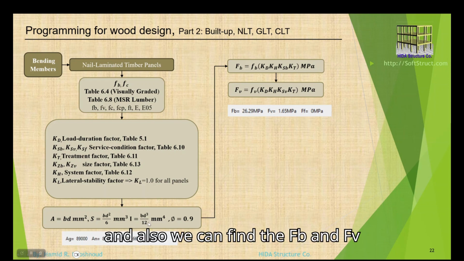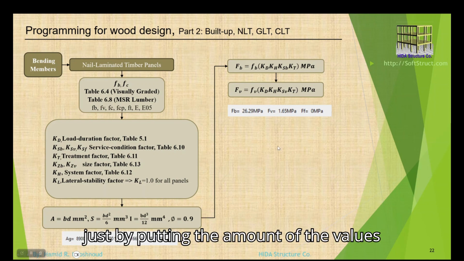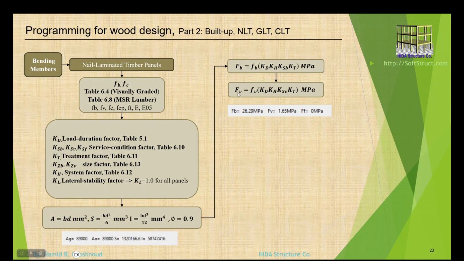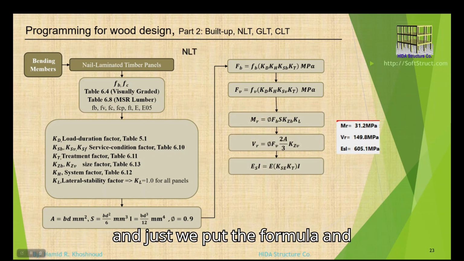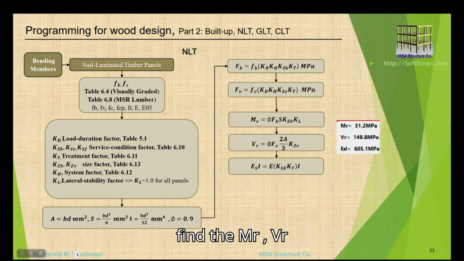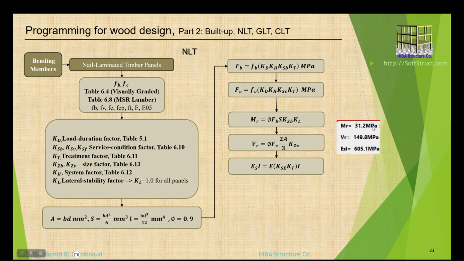And also, we can find the FB and FV just by putting the values and K factors in the formula. Now we have all the parameters we need, and we put them in the formulas and find MR, VR, and ESI as 31.2 for moment, 149.8 for shear, and ESI is equal to 605.1.